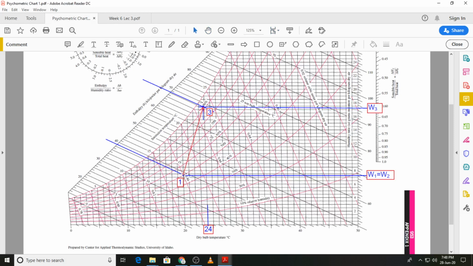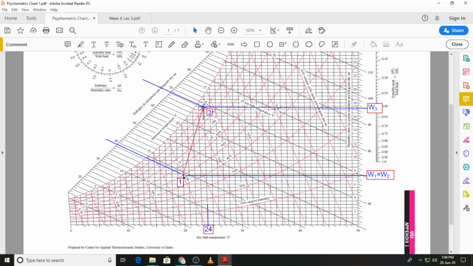You can see the dry bulb temperature is 20 degrees C and the relative humidity was given to us as 50%.